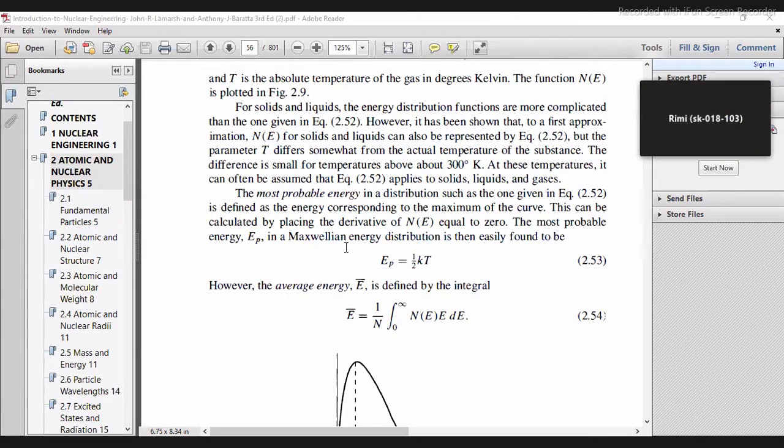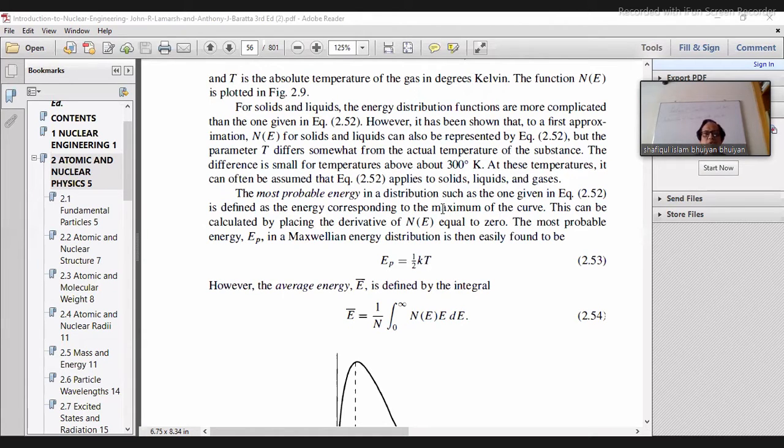And the most probable energy, at the height of the curve, is the maximum of the curve. This can be calculated by placing the derivative of n(E) equal to 0.